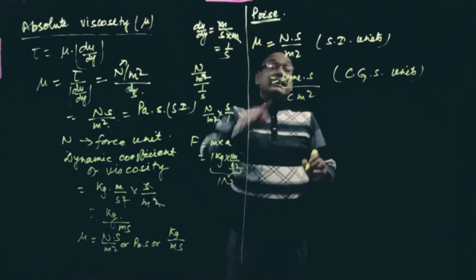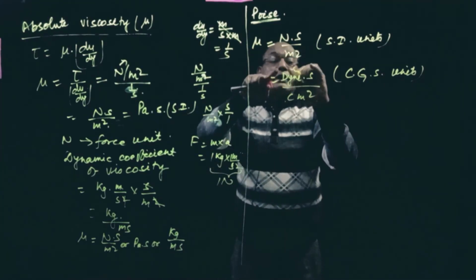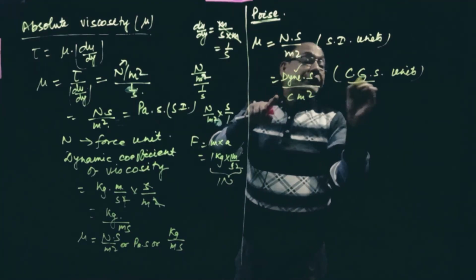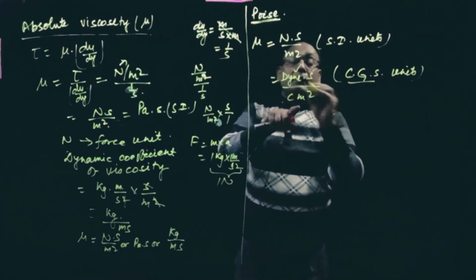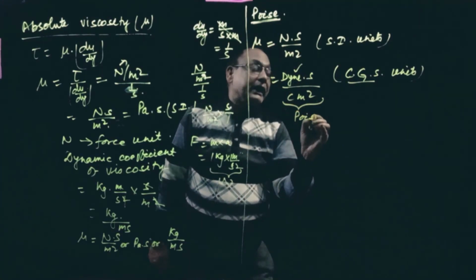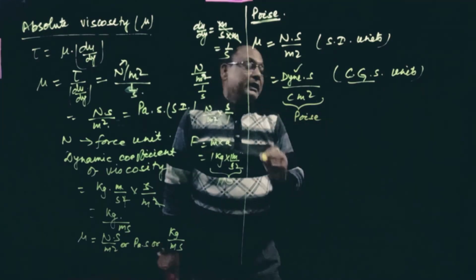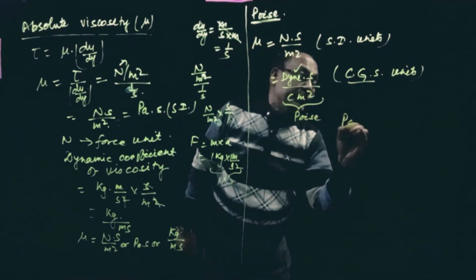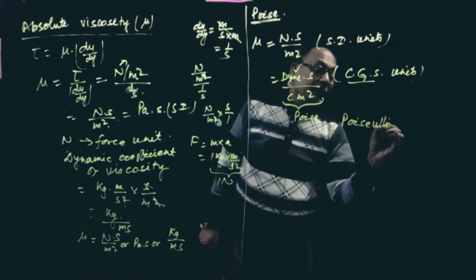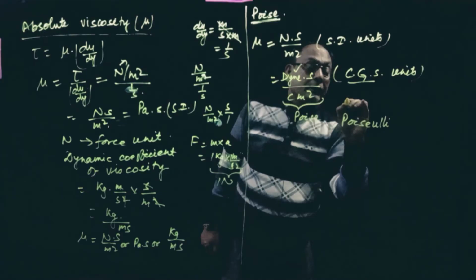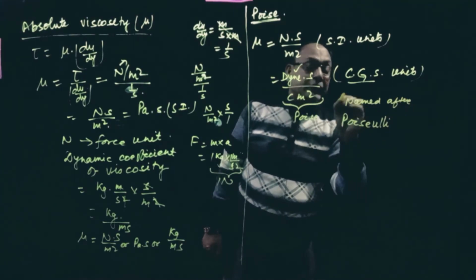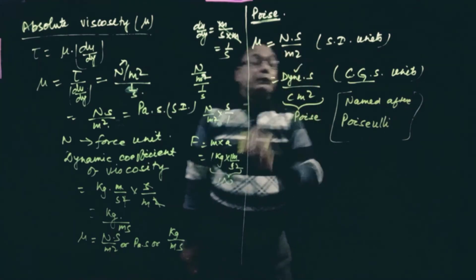In the CGS system, force becomes dyne, second remains the same, and centimeter square. This is known as Poise. It is named after the scientist Poiseuille, so it is Poise.